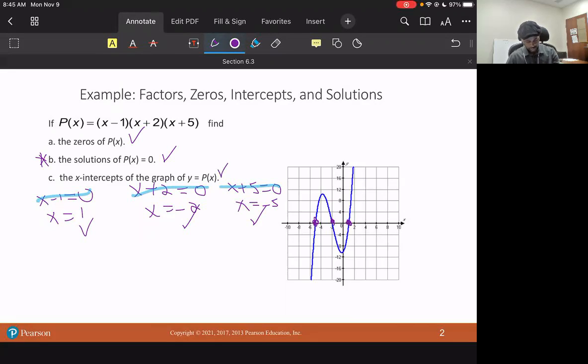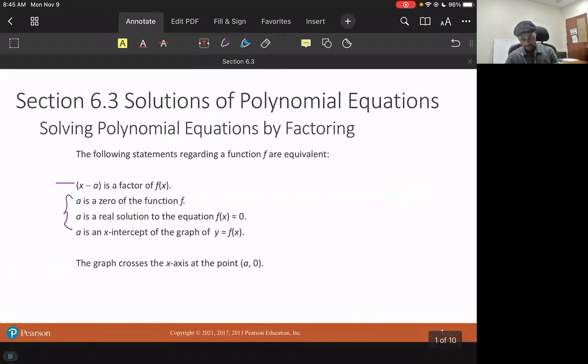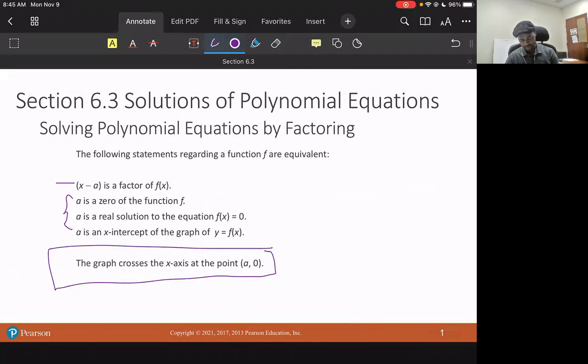Now the wrinkle, if there is one, is an x-intercept is not actually x equals 1. It truly is (1, 0), (negative 2, 0), (negative 5, 0). Now let's go back to that first slide and notice the graph crosses the x-axis at a point. That point is an x-intercept.